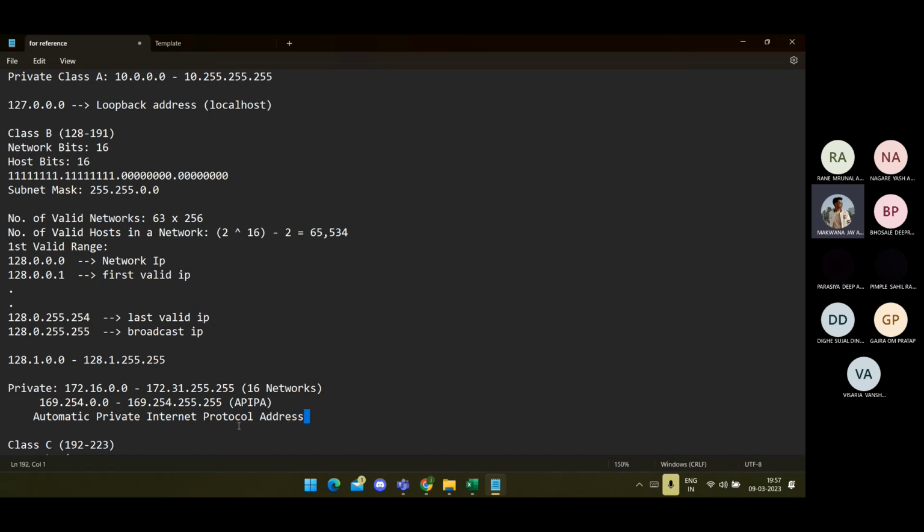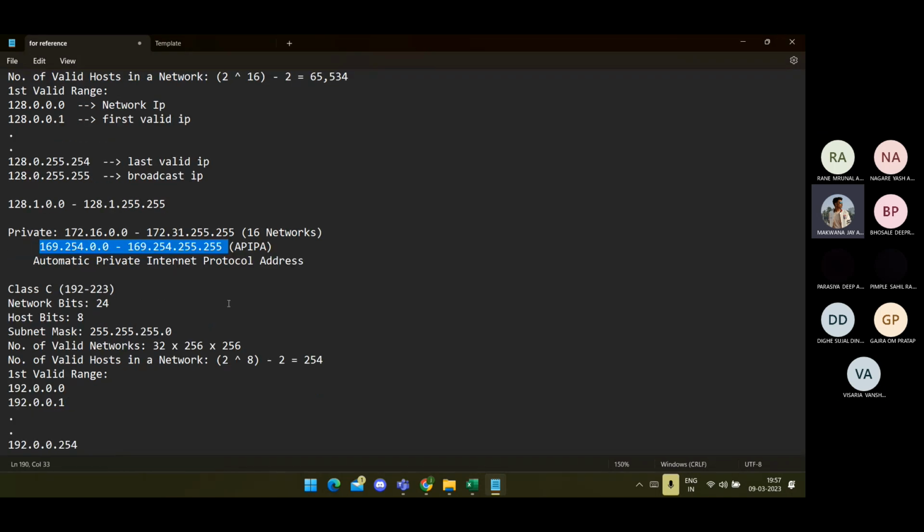This is used if your router does not provide an IP address to your device, then your device will use this range of IP addresses. Okay, you can research on this. This is one single topic of networking.